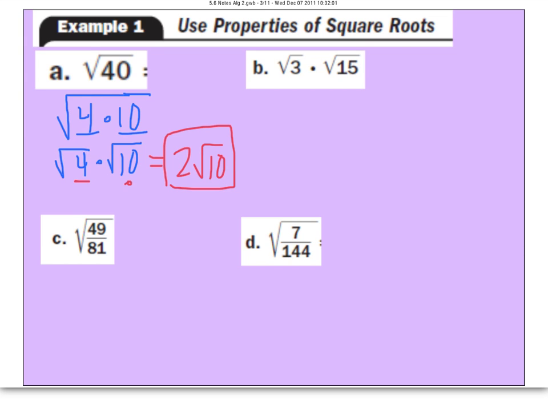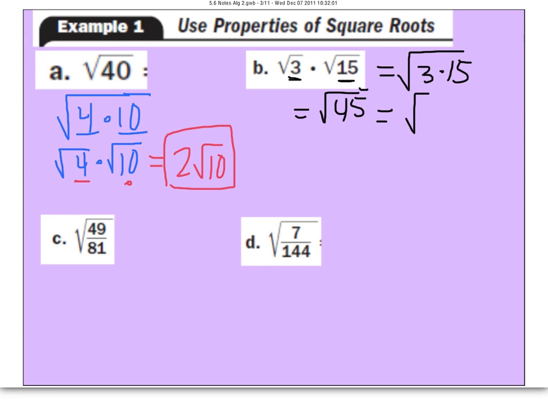Okay, if we look at letter B, is there a nice square root of 3? No. Is there a nice square root of 15? There's not. This is multiplying two radicals together, so I can crunch it together and reverse it and do 3 times 15, which is going to be the square root of 45. Now, unfortunately, for the square root of 45, there isn't one number that twice gives you 45.